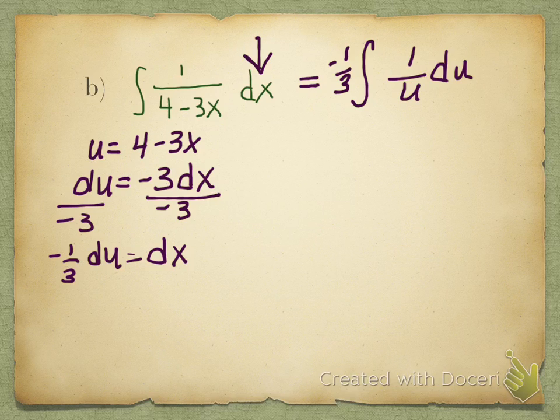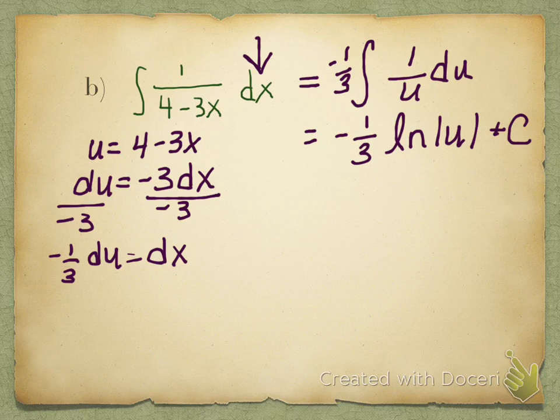That was a property of antiderivatives, or a property of integrals, that you learned in Calc 1. This is really good news. That means that my antiderivative will have a negative 1/3. And then what's the antiderivative of 1 over u? The natural log of the absolute value of u, plus c.